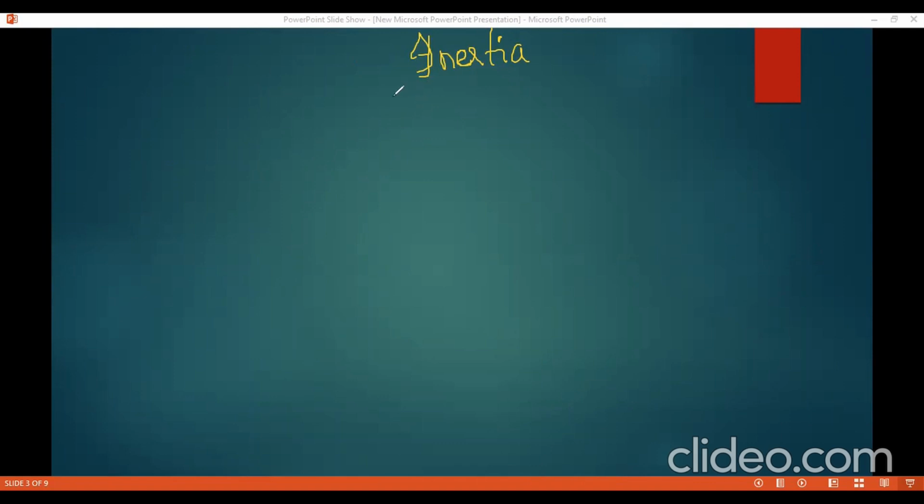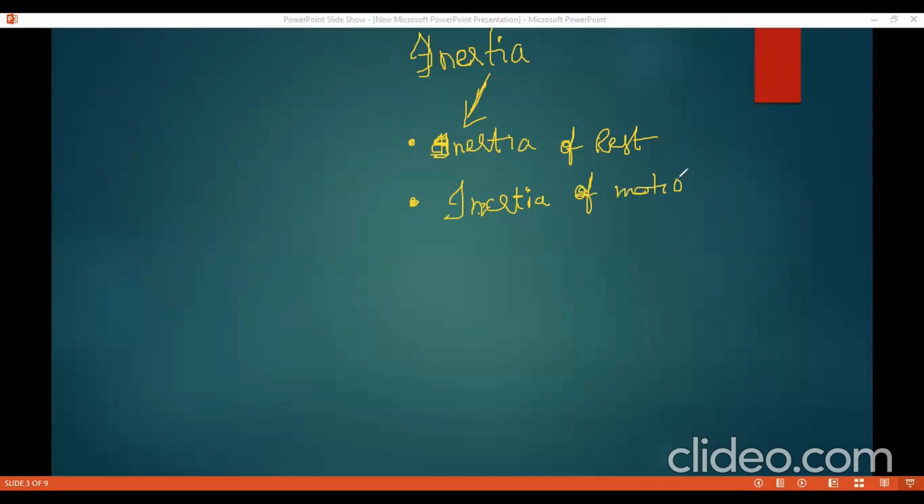So inertia can be classified into three categories: inertia of rest, inertia of motion, and inertia of direction.